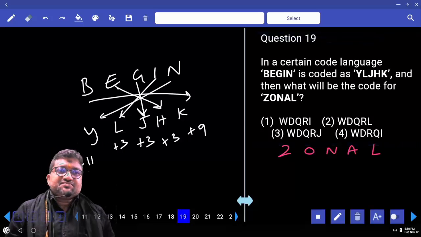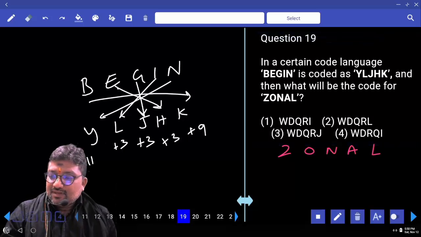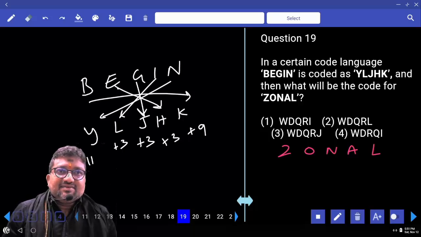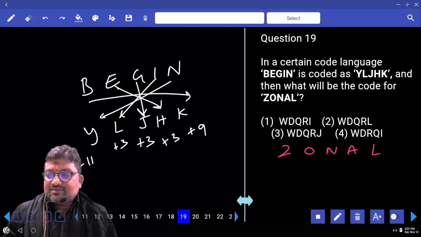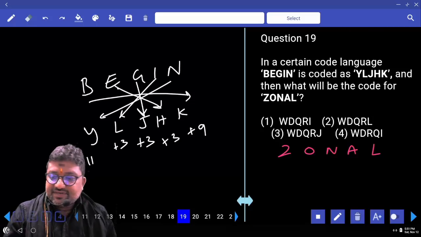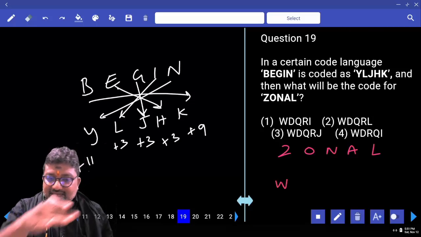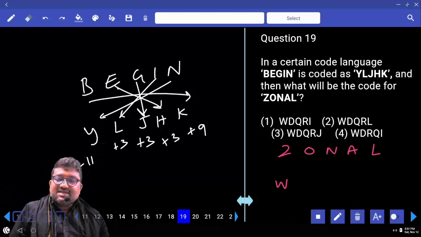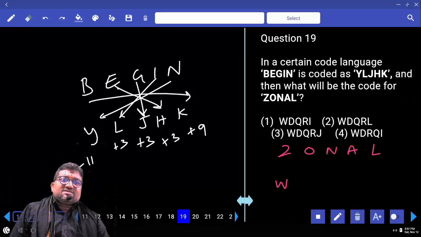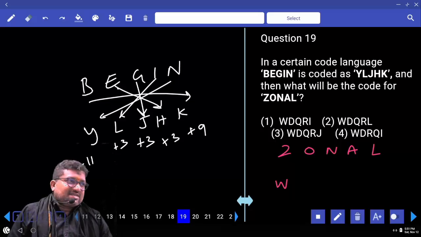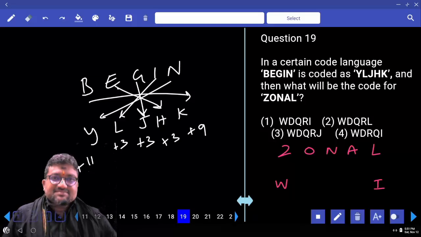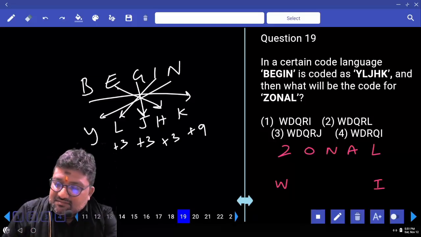Look at Zonal. L + 11, then 11 + 11 is 23, which is W. Last, Z + 9: 26 + 9 is 35, which is 9, so I. That is what is happening here.